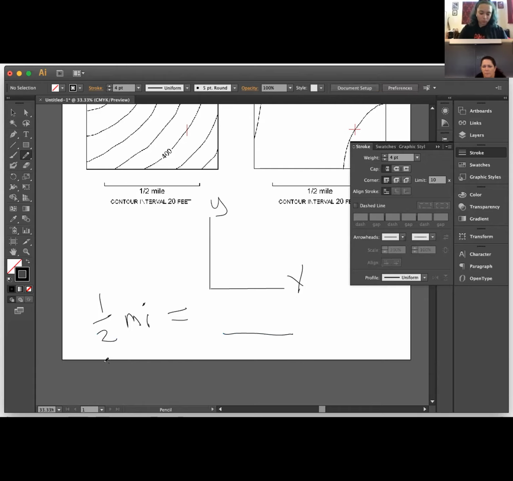I'll put that over here. Miles. So how many feet per mile? It's 5,280, I think is what you guys said, feet per mile. Right. There we go. Now when we do the math here, we need to know what to multiply.